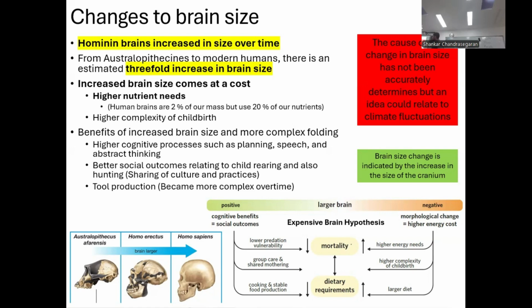But there are also positives, basically a lot of advantages that drove us to have bigger brains. One is obviously a higher cognitive process, being able to think better, plan better, be able to have speech and abstract thinking. These were useful traits that provided a lot of benefits.